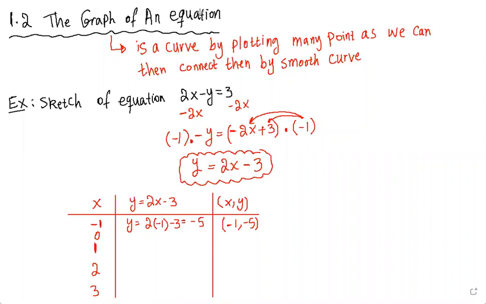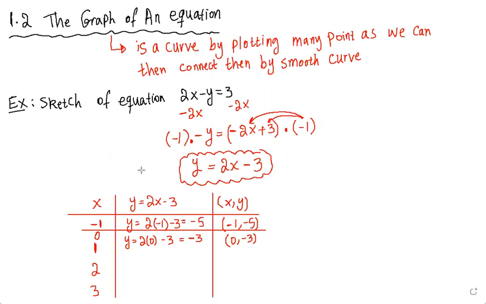Okay, the second point, x equals 0. The same idea: you plug the 0 inside this equation. 2 times 0 is 0, minus 3 is minus 3. So y equals 2 times 0 minus 3, which gives minus 3. So the point is 0 and minus 3.